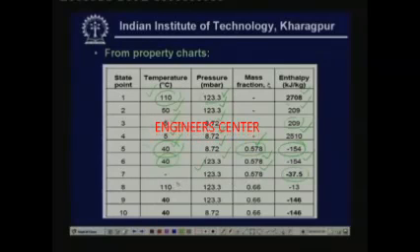Then point 8 is the strong solution condition at the generator exit. At this point we know the temperature to be 110 degree centigrade and we also know the concentration to be 0.66. So, from the temperature and concentration data we find the enthalpy to be minus 13 kilojoule per kg, and pressure is of course the same as condensing pressure.